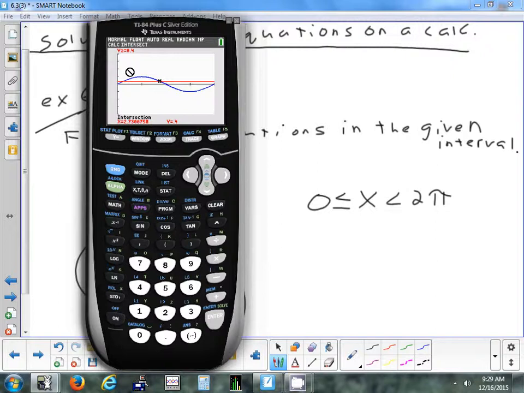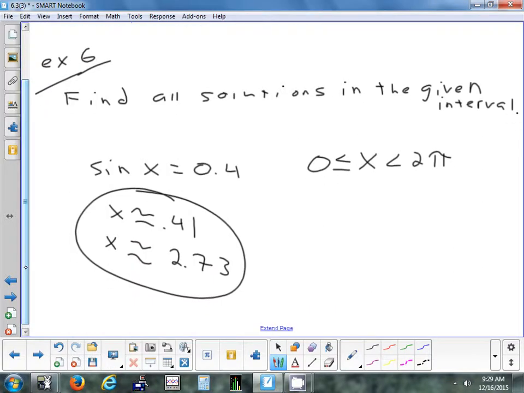The next one is going to be 2 pi units later, and the next one, 2 pi after that, and it's going to keep repeating every 2 pi. And the second one is also going to repeat every 2 pi. All right, so tomorrow we'll talk about how we'd write that. But the first step in writing that is just to figure out these two. Okay, so any questions on just getting those two answers?